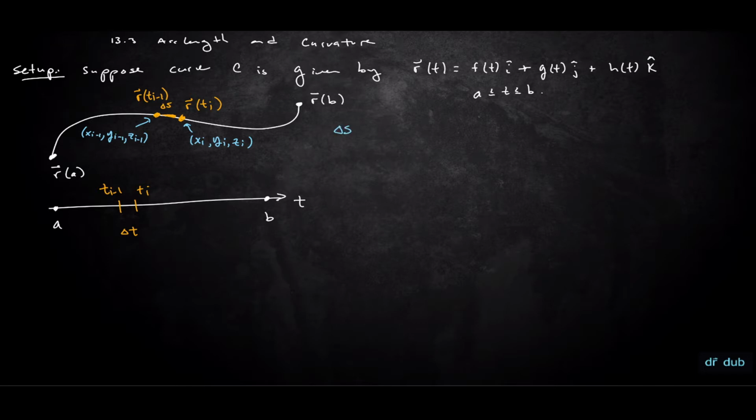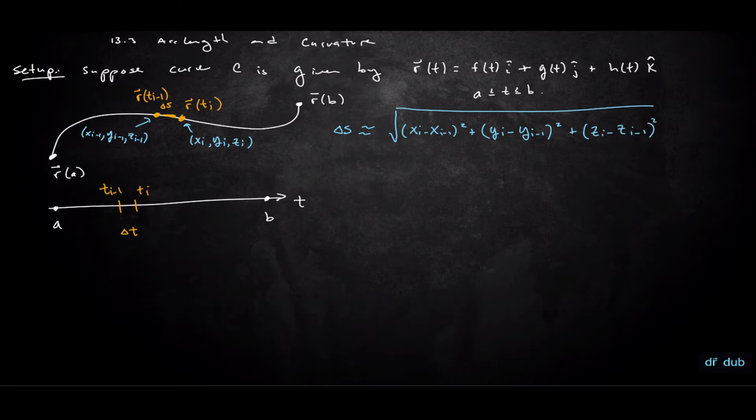So delta s is approximately the straight line distance, which is just the square root of x i minus x i minus 1 quantity squared plus y i minus y i minus 1 quantity squared plus z i minus z i minus 1 quantity squared.